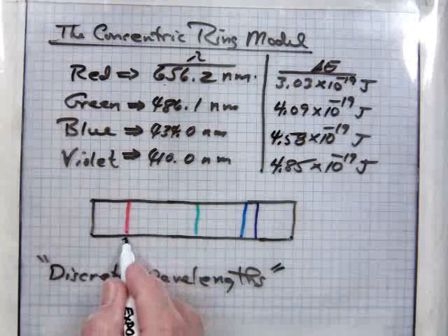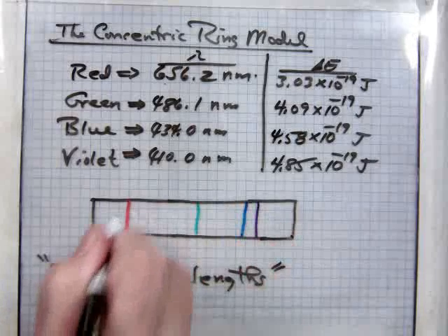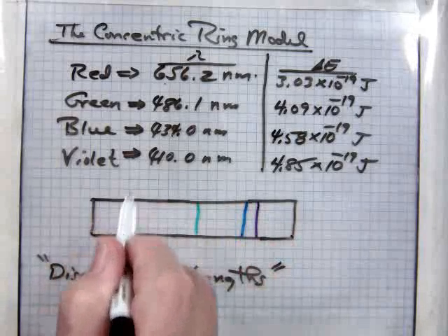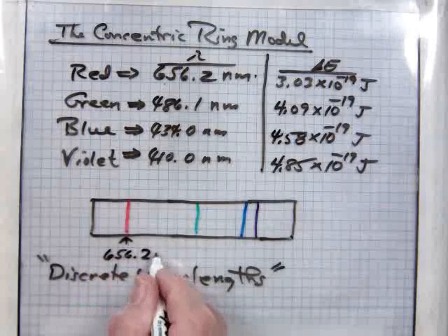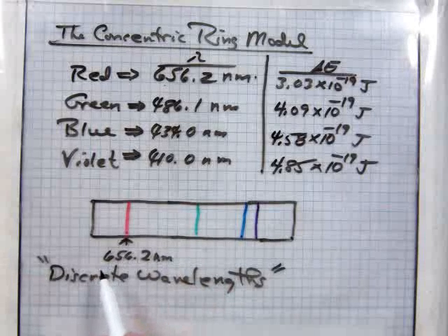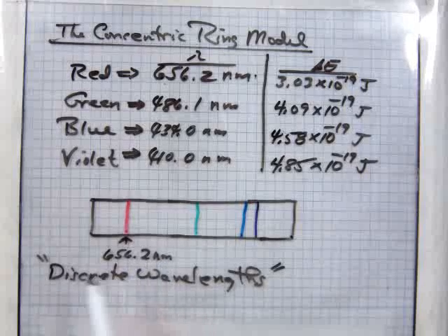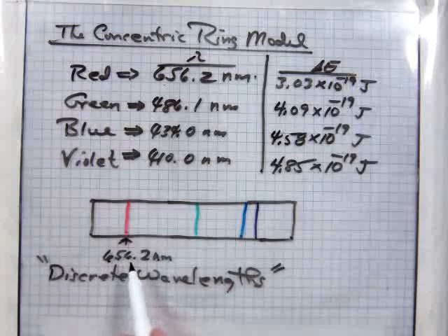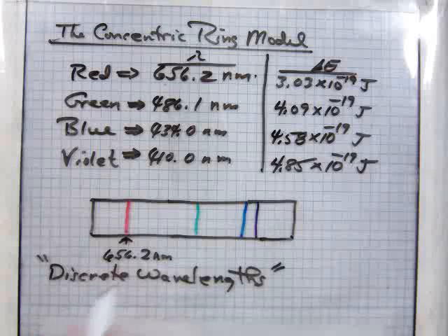What this means, and I hope you grasp this, is that this wavelength, that color, is 656.2 nanometers. Now listen to what I'm about to say. It is not 656.3. It's not 656.1. It's only 656.2.